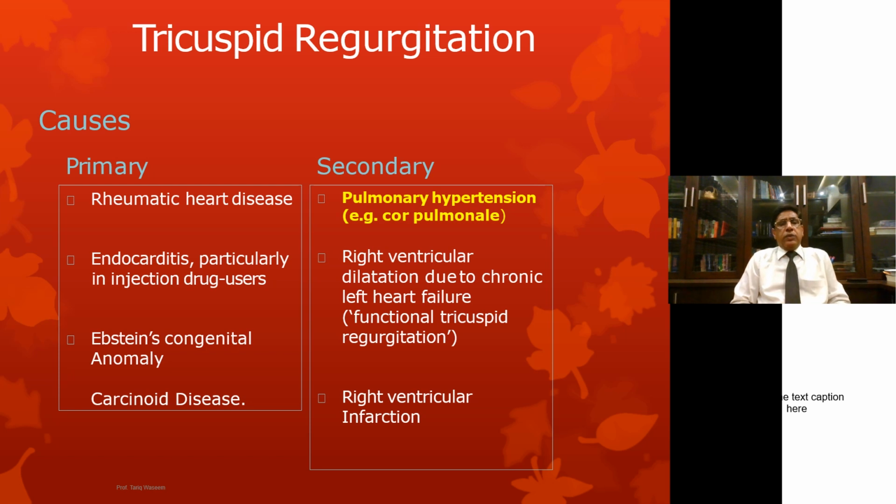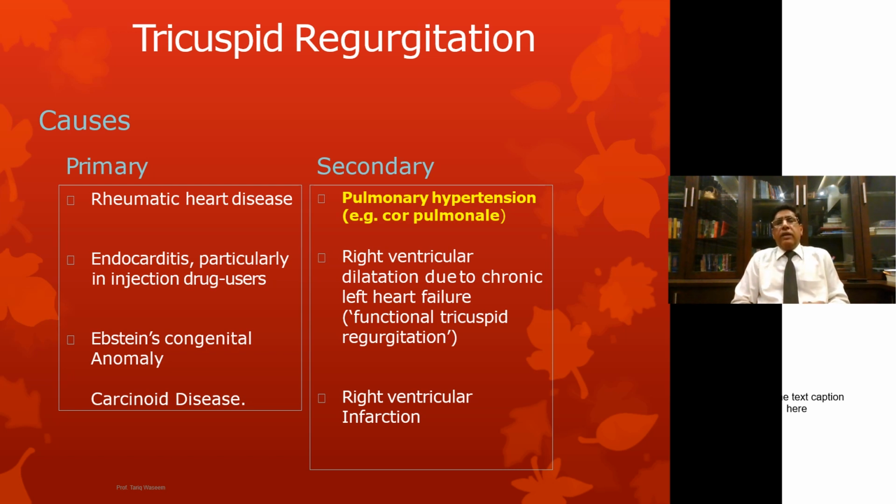Another disease which can involve the right side of the heart and particularly the tricuspid valve is carcinoid disease. Again, in carcinoid you have 5-hydroxytryptamine being released, and this substance normally, if it metastasizes to the liver, can then go on to the right side of the heart and can lead on to tricuspid valve pathology.